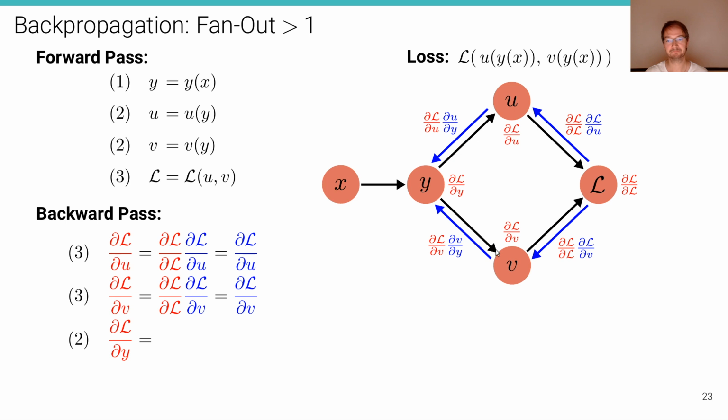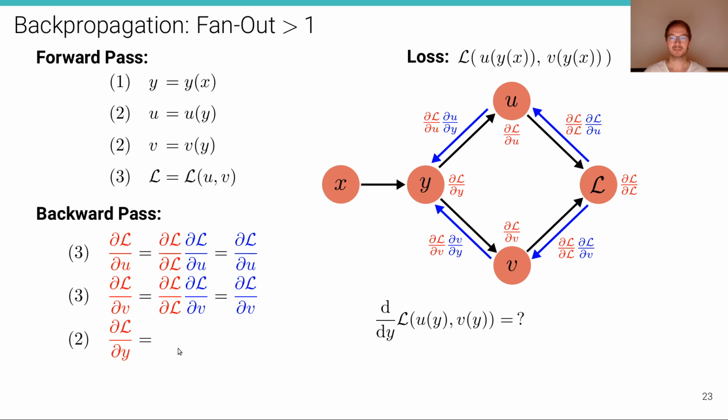And similarly, v sends the gradient of L with respect to v, which is what has been stored here in the previous iteration of the backpropagation algorithm, times the local gradient from v to y. So what should this expression then read like?